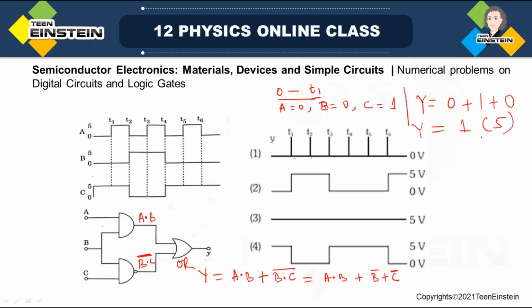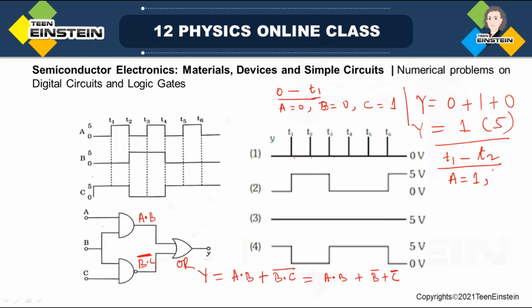So this is one part. Then for the second part we will take the interval T1 to T2. Like that, we will check each interval. First of all we have to see what the inputs are during this interval. In T1 to T2, A is high, that means A is 1.